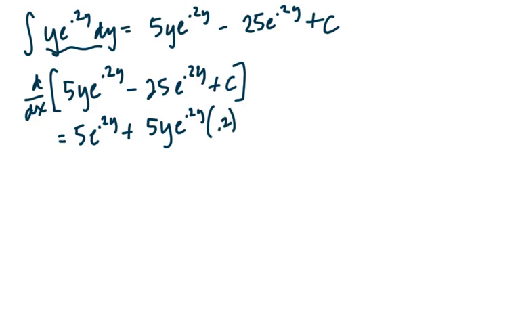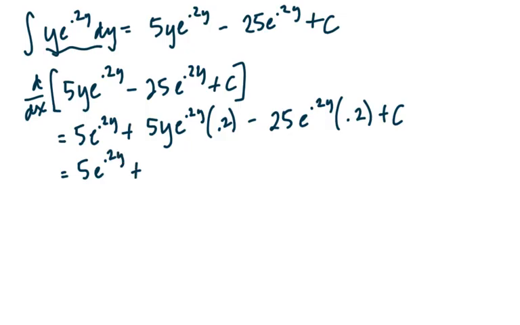I know that some of you forgot your Calc 1. It's not allowed. You got to remember it. The derivative of 25e to the 0.2 y is 25e to the 0.2 y, and the derivative of the 0.2 y is 0.2, plus c. Now 0.2 is the same as 1/5. So here I have 5e to the 0.2 y plus 1/5 times 5 makes 1, so I have e to the 0.2 y, minus 25 times 0.2, which is 25 times 1/5, which is 5, e to the 0.2 y.